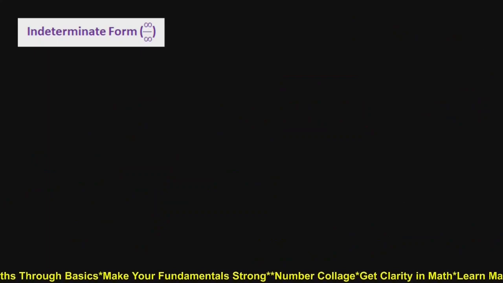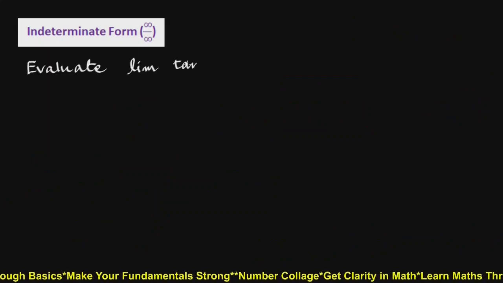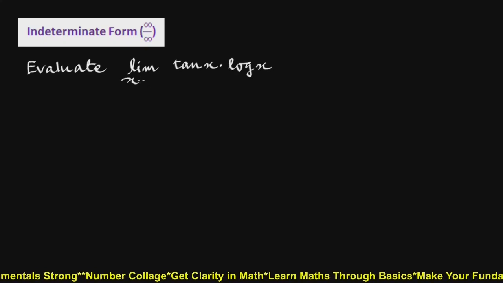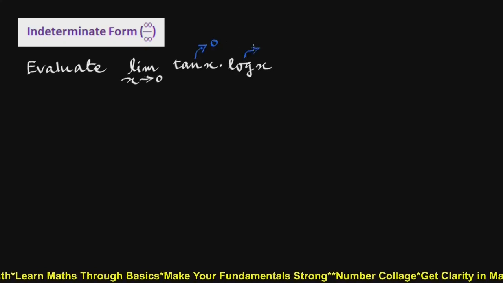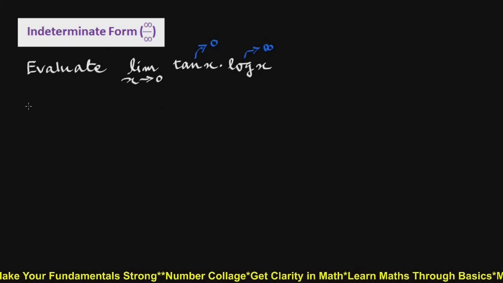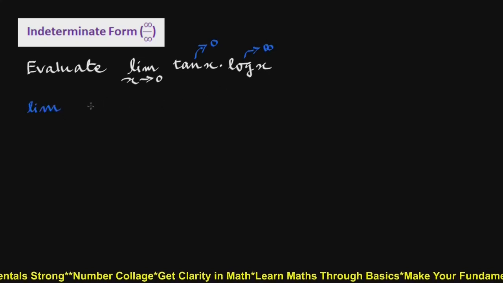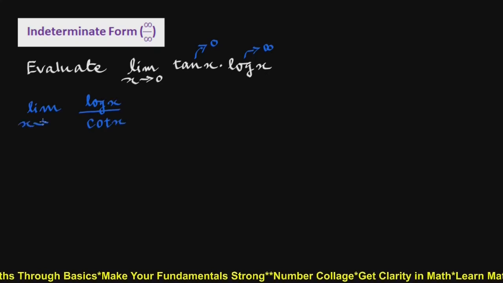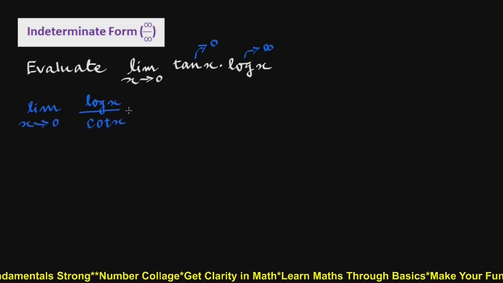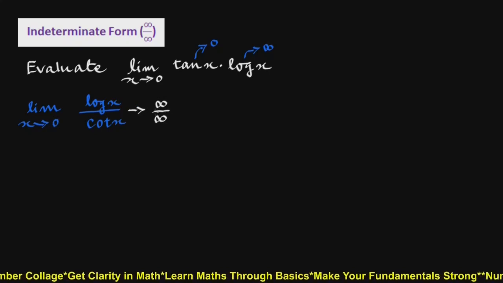Let us evaluate limit tan x log x as x tends to 0. Here tan 0 is 0 and log 0 is infinity. We can write this limit as limit log x upon cot x as x tends to 0. This is infinity upon infinity indeterminate form.